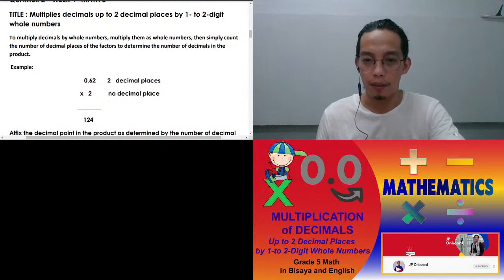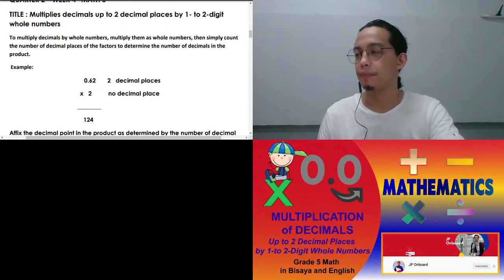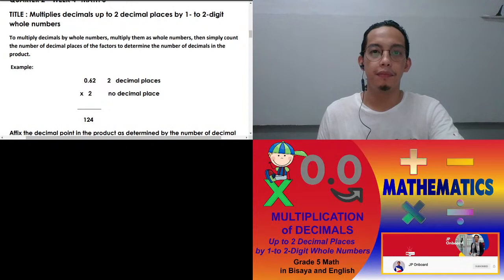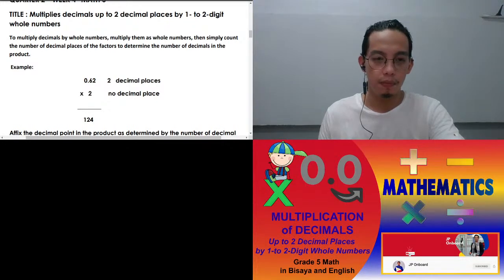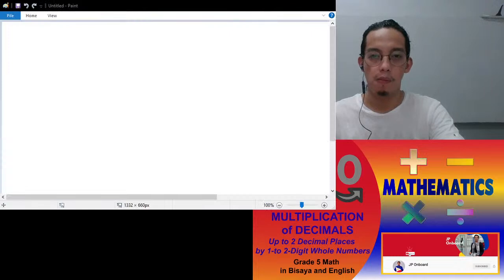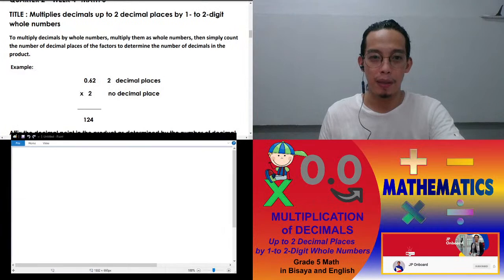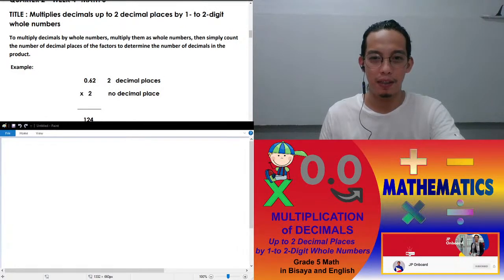So, wala to open ang Paint. Yes, open na siya. That is our scratch paper. Okay.